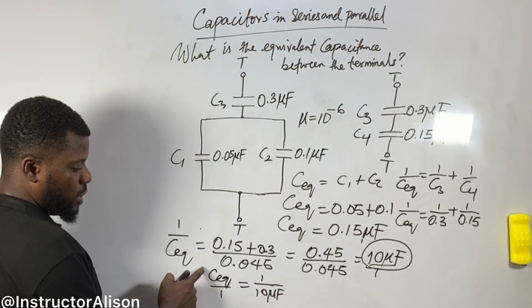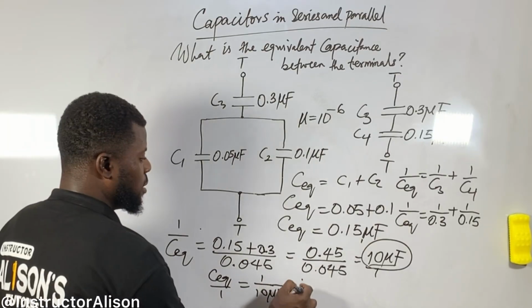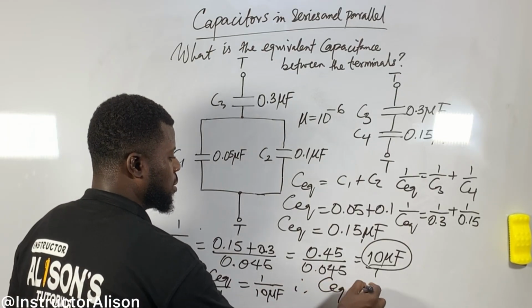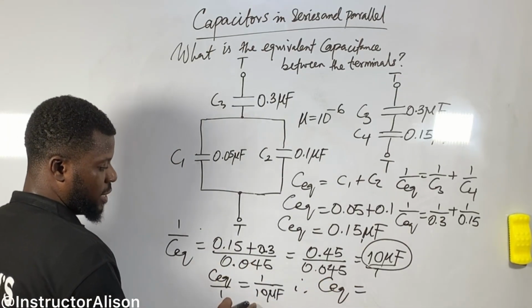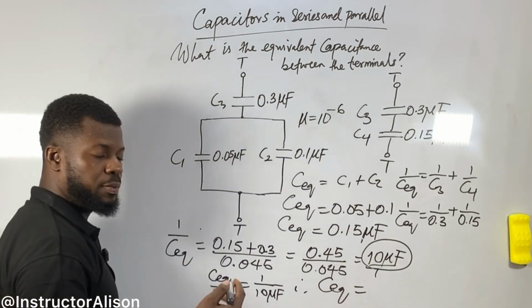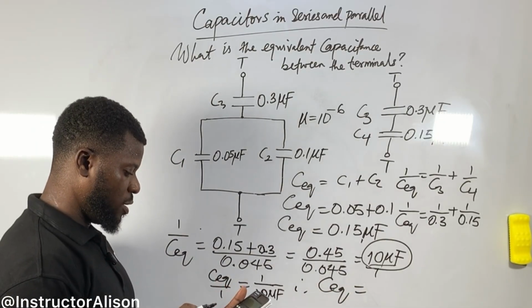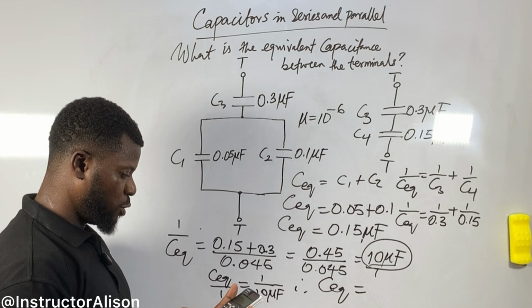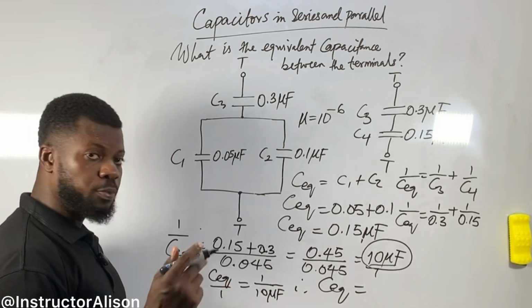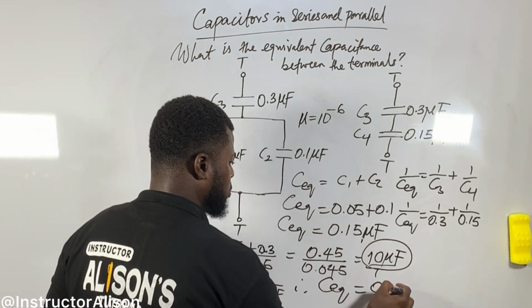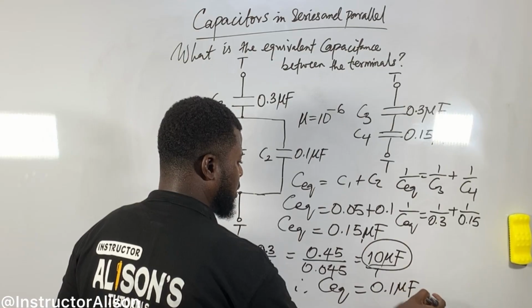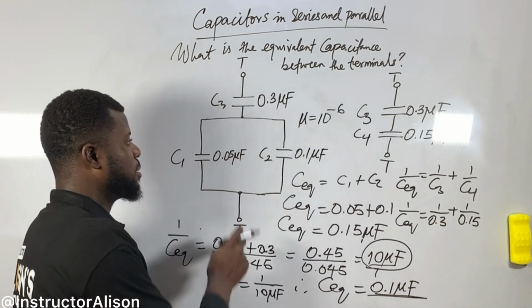So C equivalent equal to 1 over 10. 1 divided by 10 is supposed to give you 0.1 microfarad.